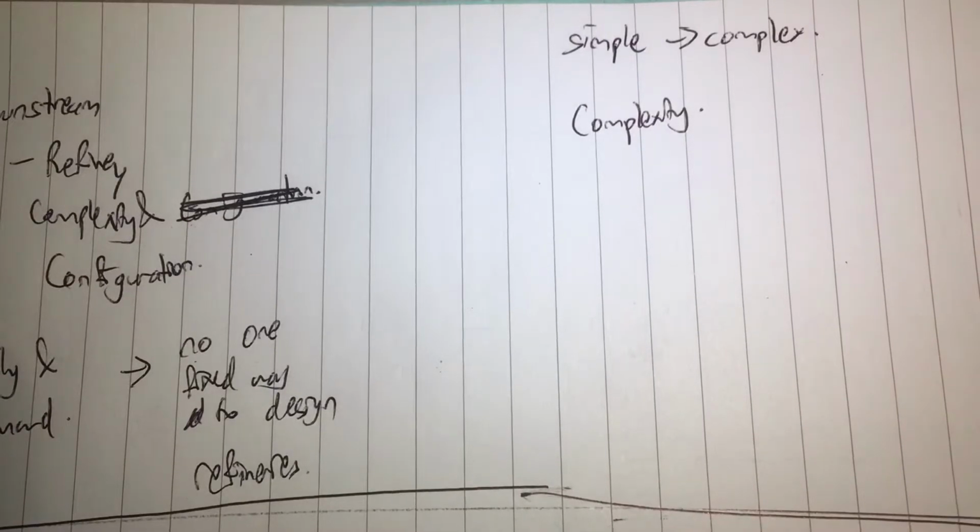The more complex a refinery, the more units you probably have, and of course the more severe the conversion of the bottom of the barrel products, that means your long residues and so on.